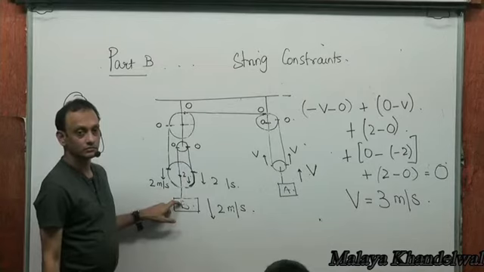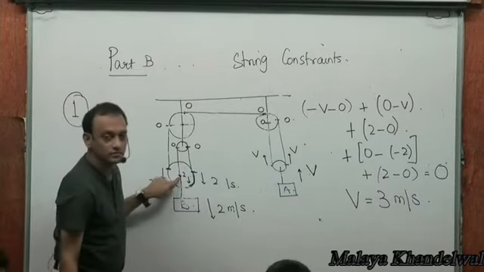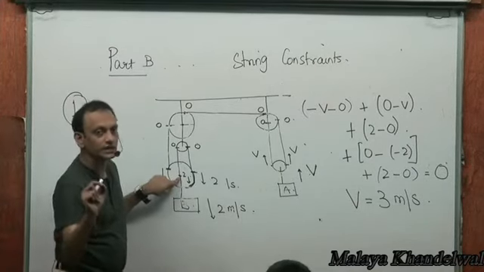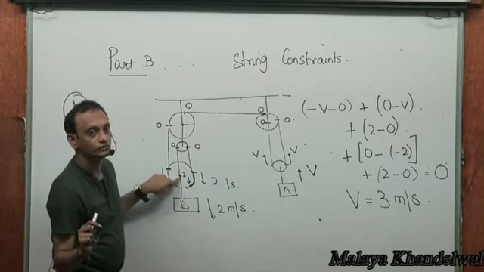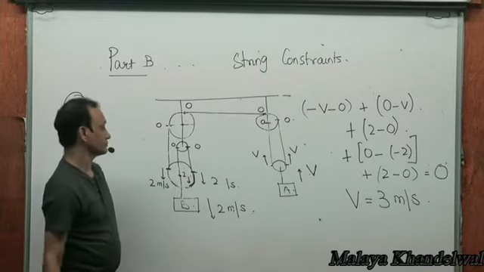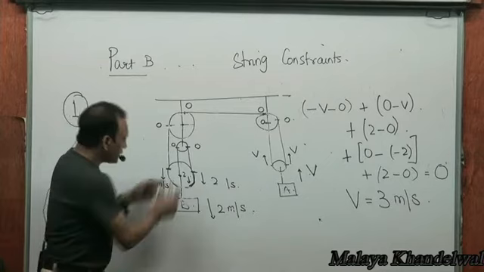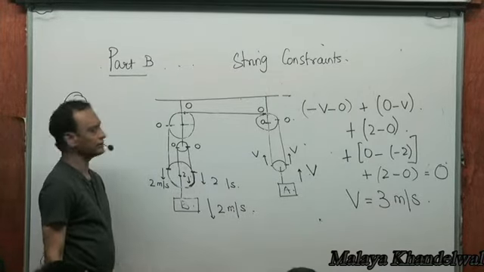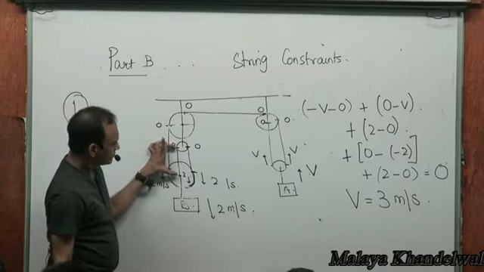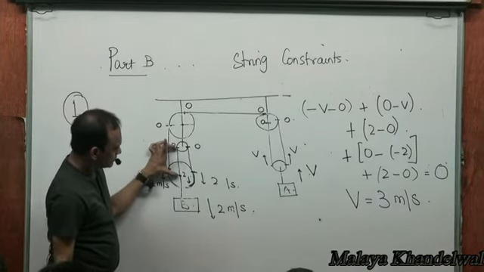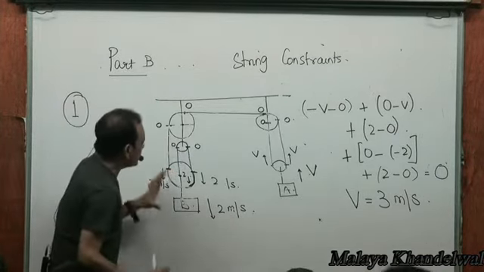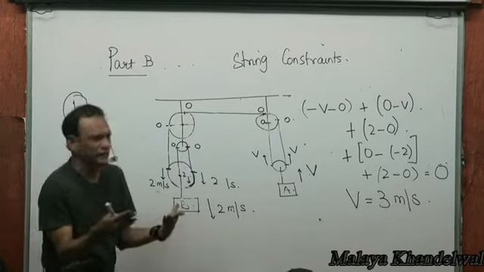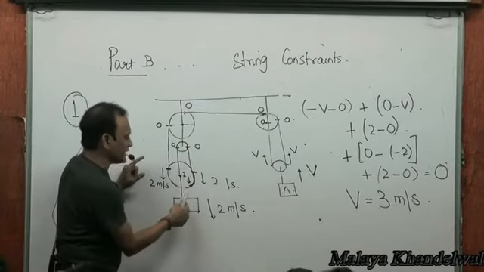This? No, this is because it's given. It's given there is an attachment here. It will go down with this pulley. Okay, see, it will not make any difference, even if you didn't take it attached.